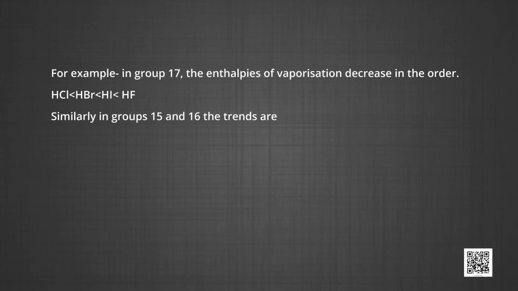Similarly, in group 16 the trend is H2S less than H2Se, less than H2Te, less than H2O, and in group 15, PH3 less than AsH3, which is less than SbH3, which is further less than ammonia, that is NH3.